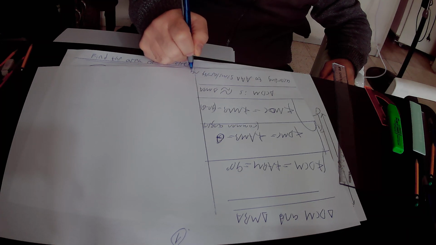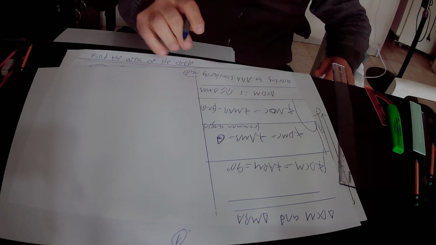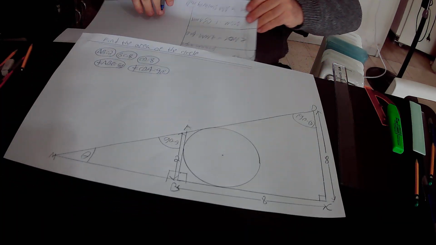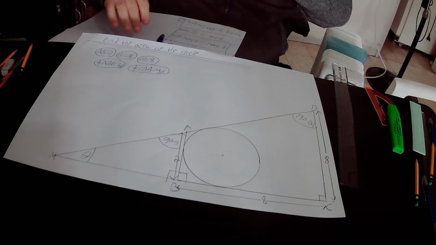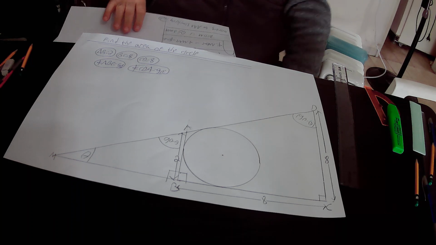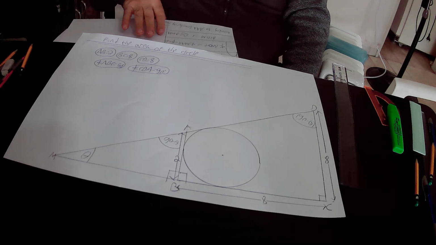And from the fact that those two right triangles are similar to each other, we derive that the following relationship exists between their sides.